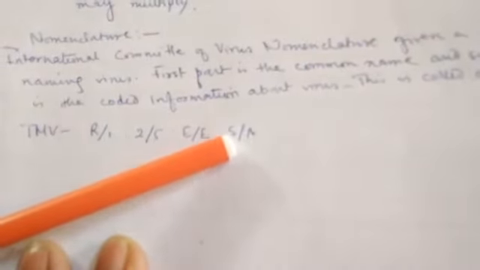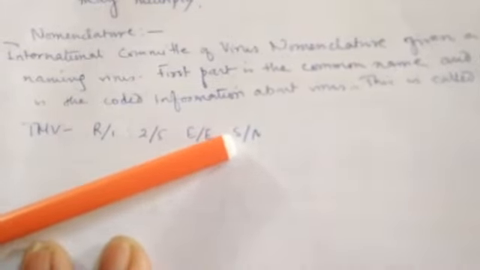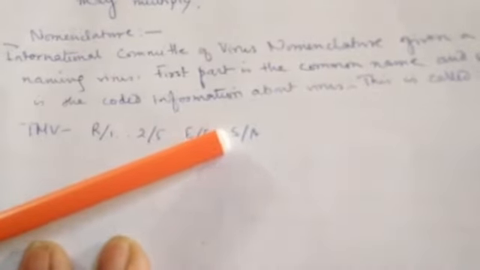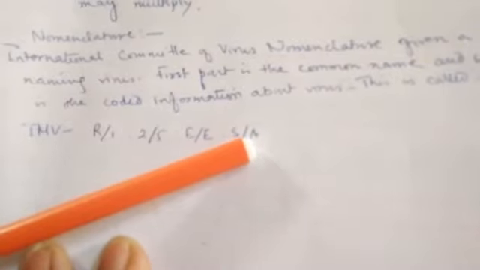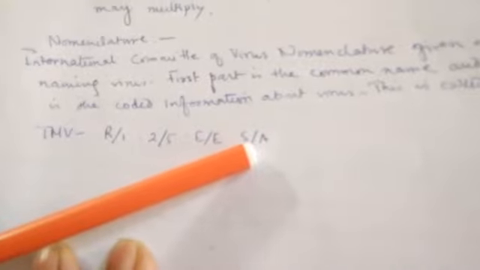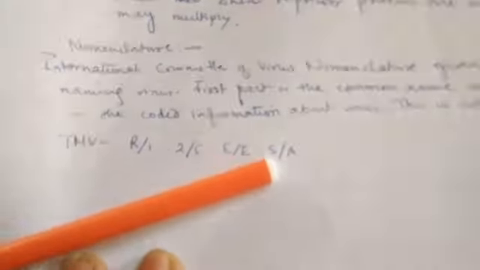Here for tobacco mosaic virus, the host is the seed plants or spermatophyta, so S. Clear? And the carrier is A, that is, it is transmitted by air. So this is how the nomenclature of virus is done.